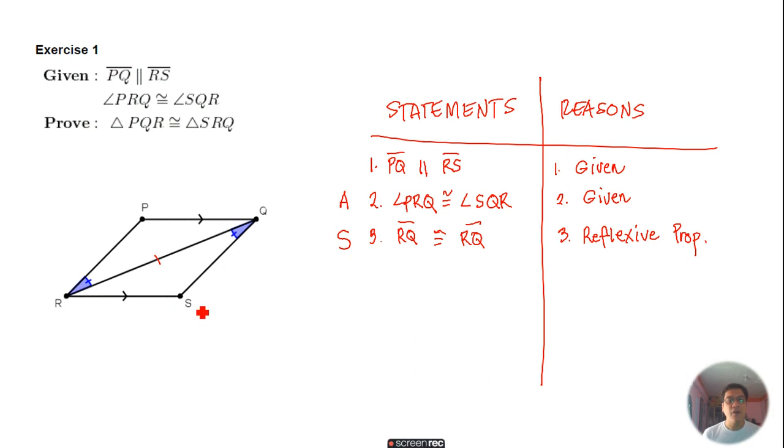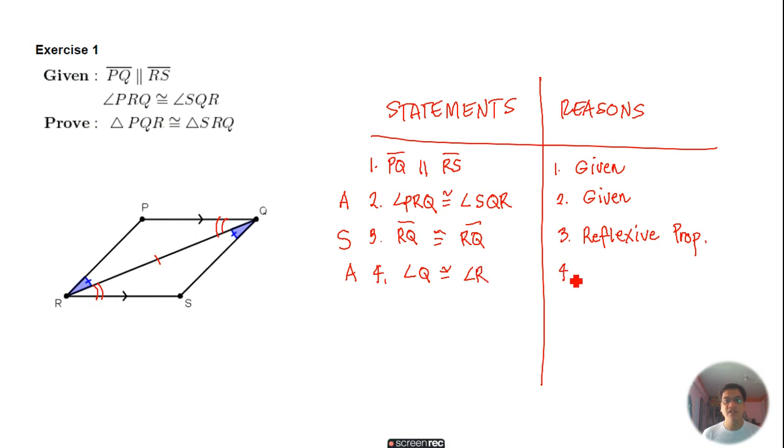So in this case, we have a pair of angles that will be congruent to each other: angle Q and angle R there. We write that under number 4, and they are angles. So we say angle Q is congruent to angle R.